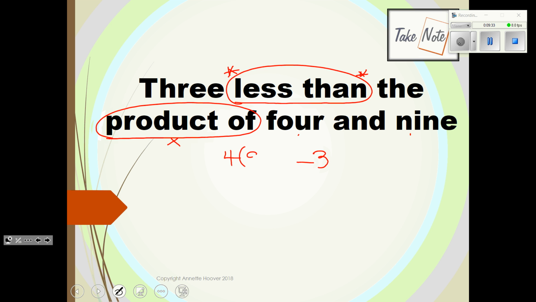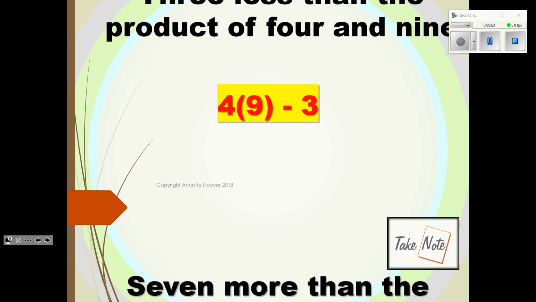So 4 times 9 comes first. If you're more comfortable, you can write the dot in between them. But at the end, we have the 3 less than. So remember that phrase "less than," that comes at the end when we write it. So when we write it, it would be 4 times 9 minus 3.